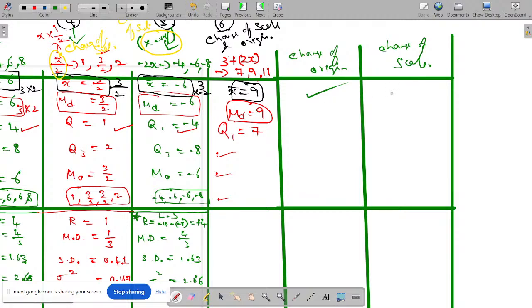Does change of scale affect arithmetic mean? Yes, put a tick mark. Next is median and quartiles. Does it affect the median and other positional averages? Yes, put a tick mark. Does the change of scale affect? Yes, put a tick mark. Here, sorry, mode. Does it affect mode? Yes. Change of scale affects mode? Yes.